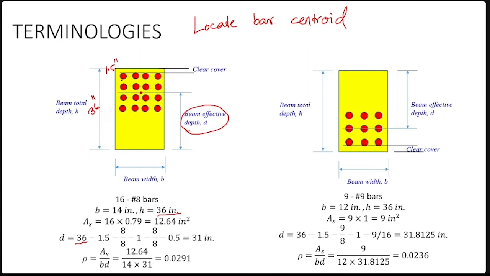Then you subtract a bar diameter, which for a number 8 bar is 8/8. Then you subtract the layer to layer distance, 1. Then you subtract 1 more diameter, 8/8. Then you subtract half of the layer to layer distance, 0.5.